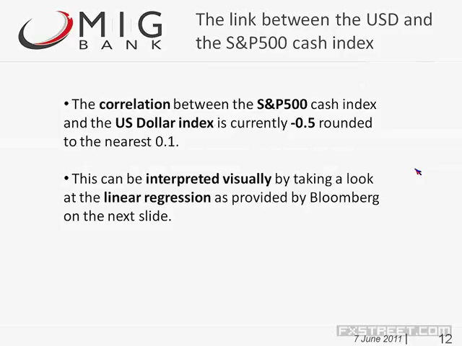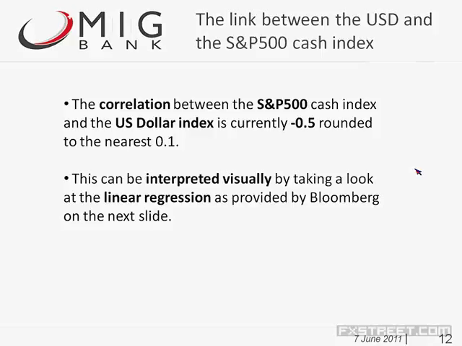Okay, so the next thing I'd like to look at now we've covered the US dollar, and in my opinion have come to the conclusion that we're not about to enter into a dollar crisis, is the correlation between the S&P 500 cash index and the US dollar index.